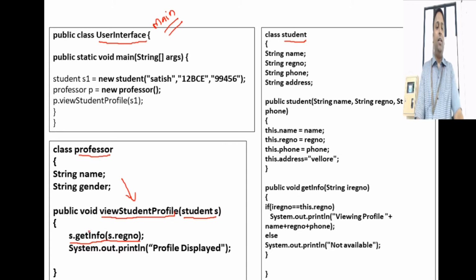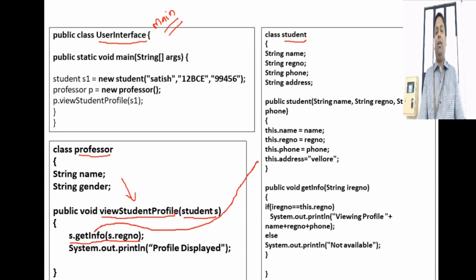This getInfo is nothing but a method inside the student class. So this method will get the registration number and print the student's data. So this is how this particular professor class has a link with the student class.